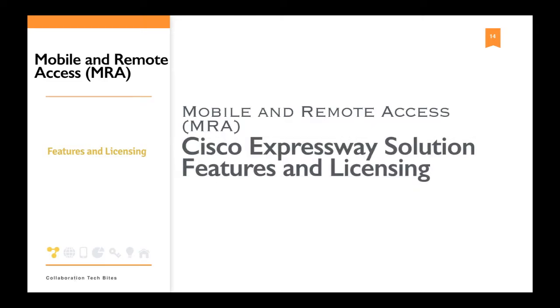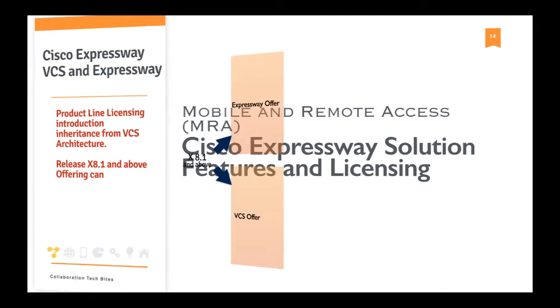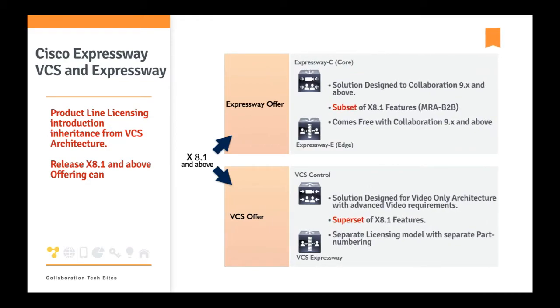How to license the Cisco Expressway solution. First, let's step back and see some history here. Starting from X8.1 and above, Cisco released a new product line called Expressway. Expressway offerings are solutions designed for people with a collaboration deployment with UCM 9.x and above.